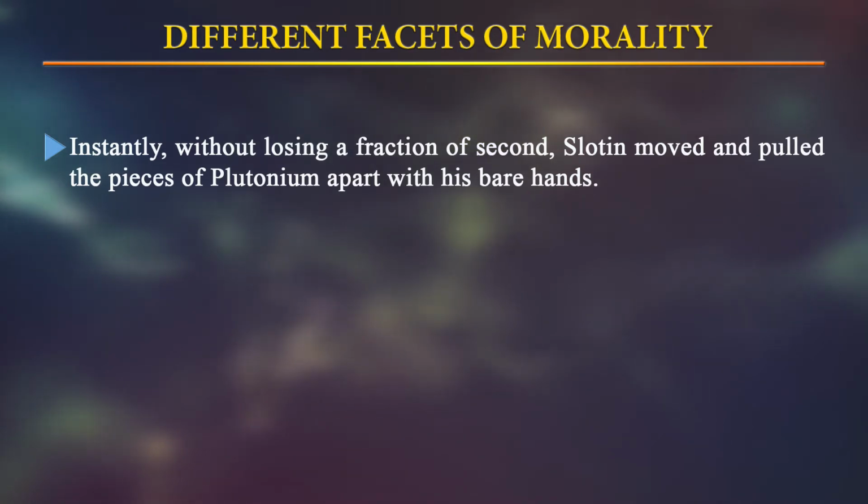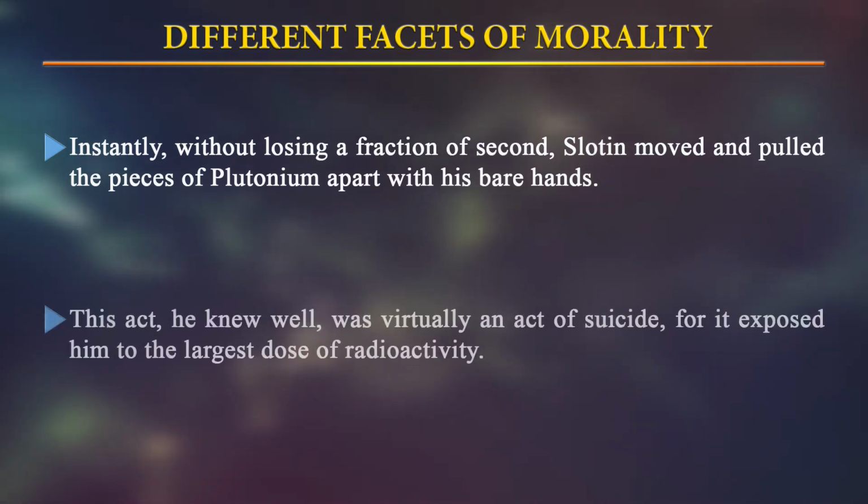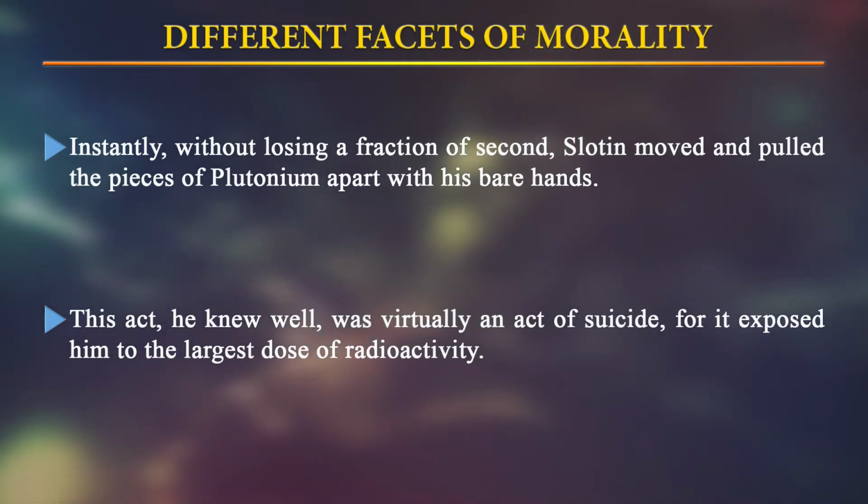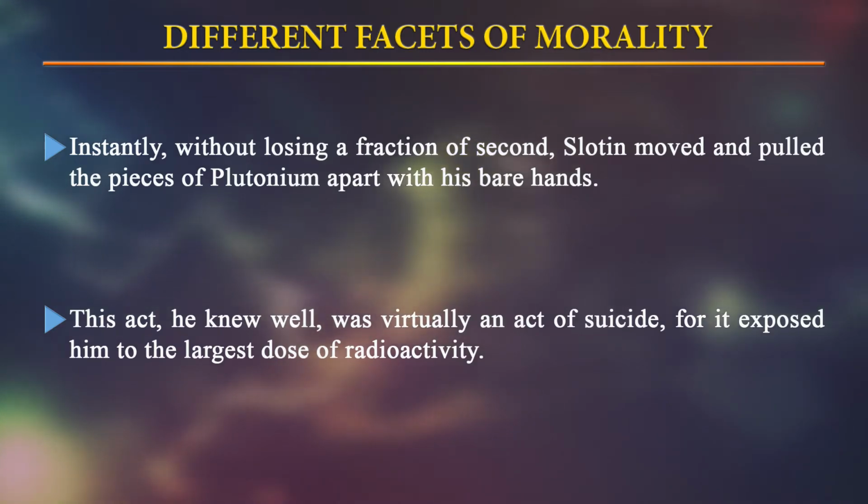This act, he knew well, was virtually an act of suicide, for it would expose him to the largest dose of radioactivity. But he did not lose a fraction of a second.